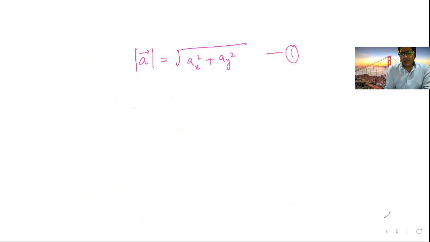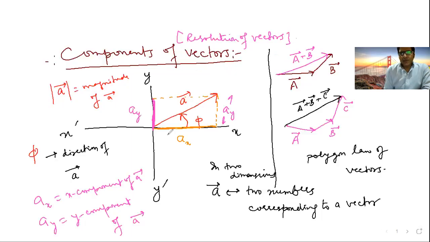This is my first. See how: base square plus perpendicular square will give me hypotenuse square. Then the value of hypotenuse, that is the magnitude of A, is square root of ax square plus ay square.